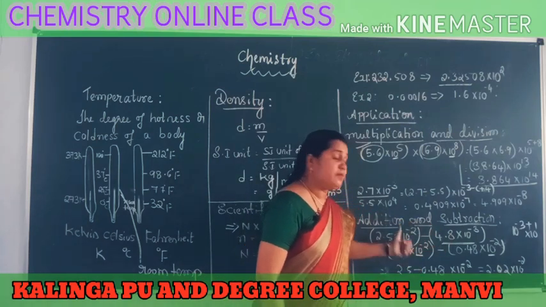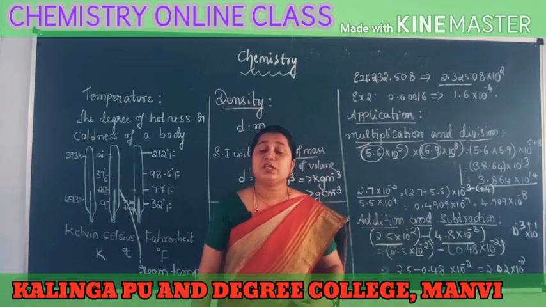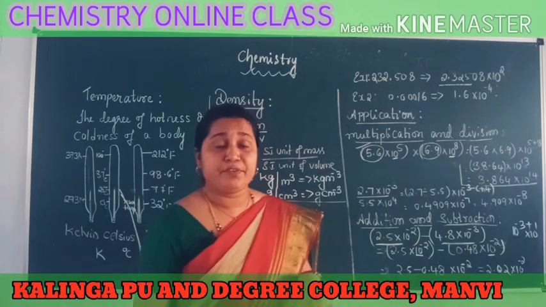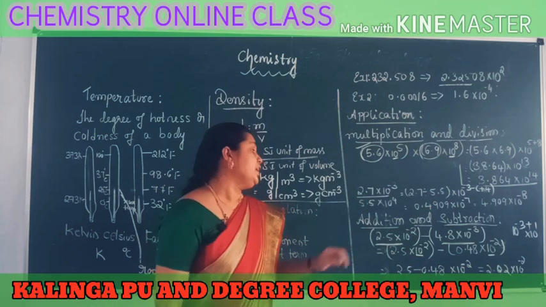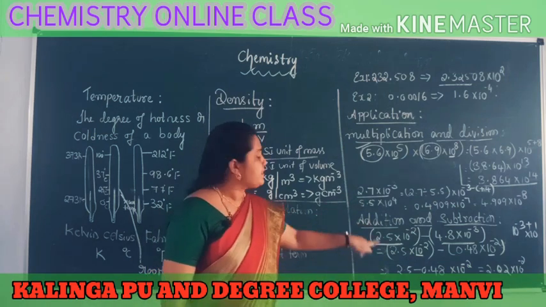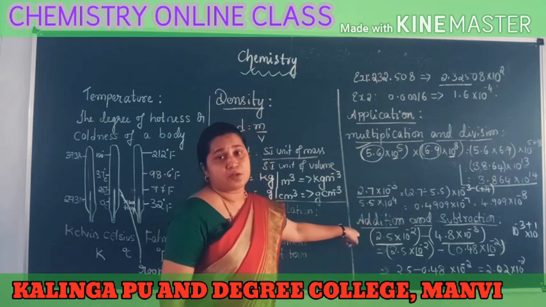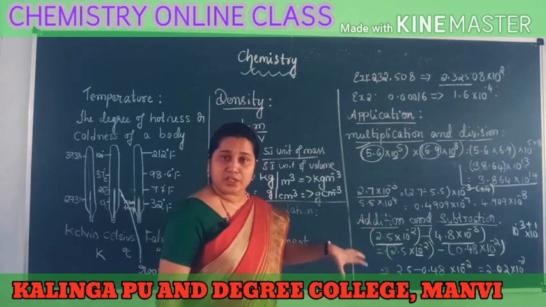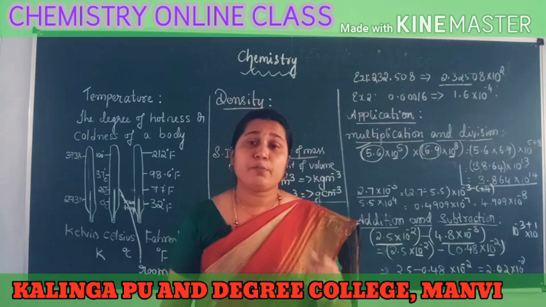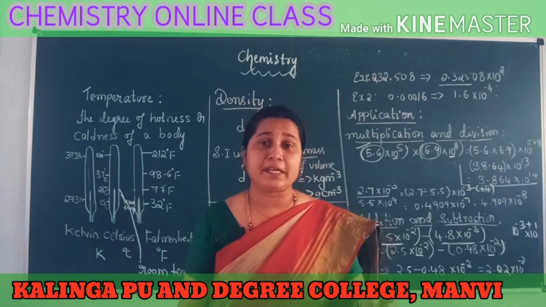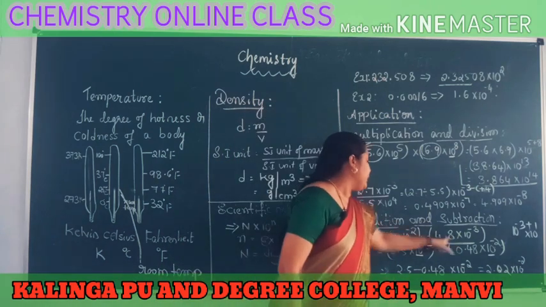Then with this scientific notation method, when we are calculating the values of experimental calculated data and theoretical calculated data, when we want to write that value in an accurate manner, we will use certain terms called accuracy and precision. What is that precision, what is that accuracy, that I will continue in the next class.